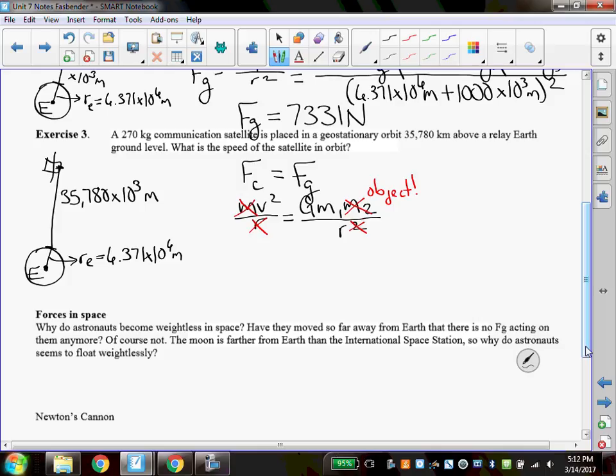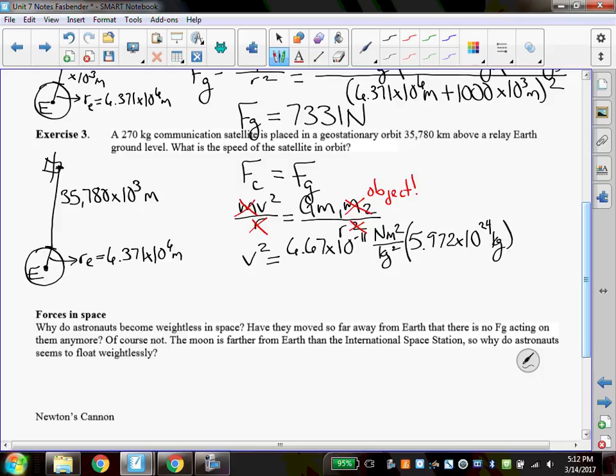And what we are left with is speed squared equals big G, 6.67 times 10 to the negative 11th newton meters squared per kilogram squared, times the mass of our planet, right? So 5.972 times 10 to the 24th kilograms.